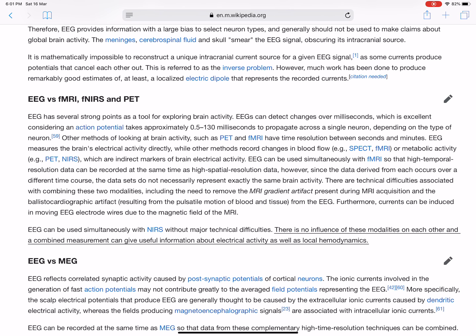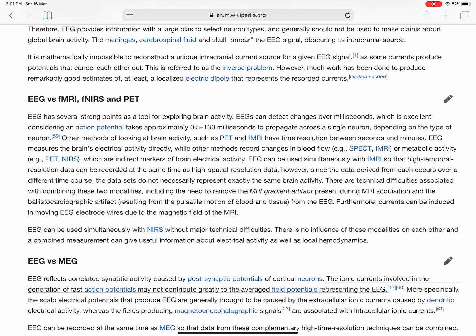EEG versus MEG. EEG reflects correlated synaptic activity caused by postsynaptic potentials of cortical neurons. The ionic currents involved in the generation of fast action potentials may not contribute greatly to the average field potentials representing the EEG.